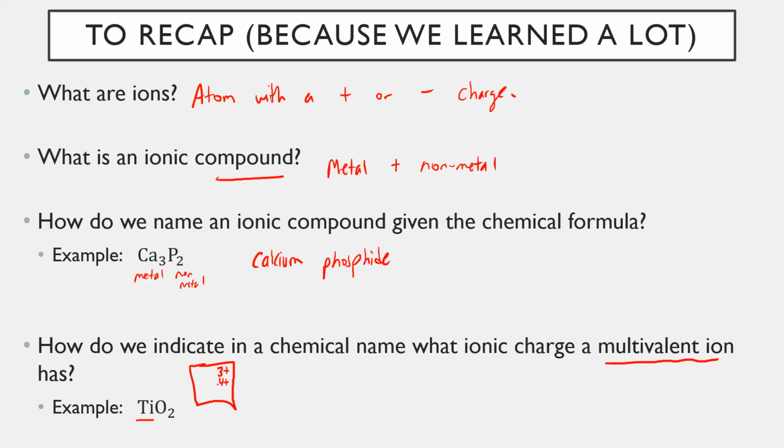So it's multivalent, and we have to include that in the chemical name. Oxygen only has a 2 negative charge, but there's 2 of them, so the overall charge of our oxygens is 4 negative. Think about what charge this titanium needs to have to balance out 4 negative. Of course, it would have to have a 4 positive charge, right? So this would be titanium, and then 4, which is IV, oxide.